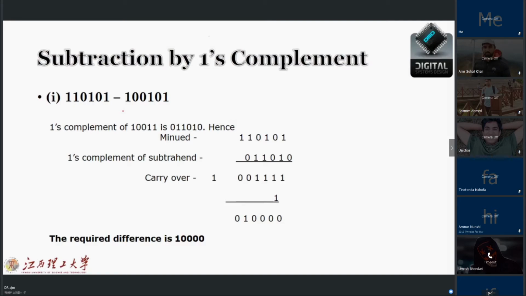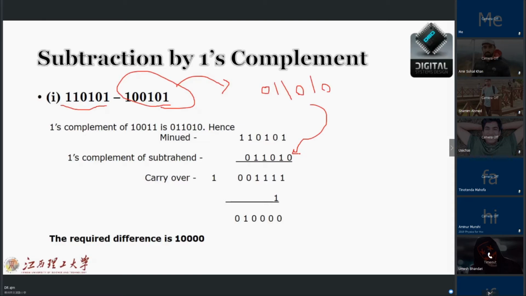Whatever one I have, I should convert to zero, and whatever zero I have, I should convert to one. So we keep the first number and do the first complement for the second one. If I convert this to the first complement, it becomes 011010, which I show here for you.